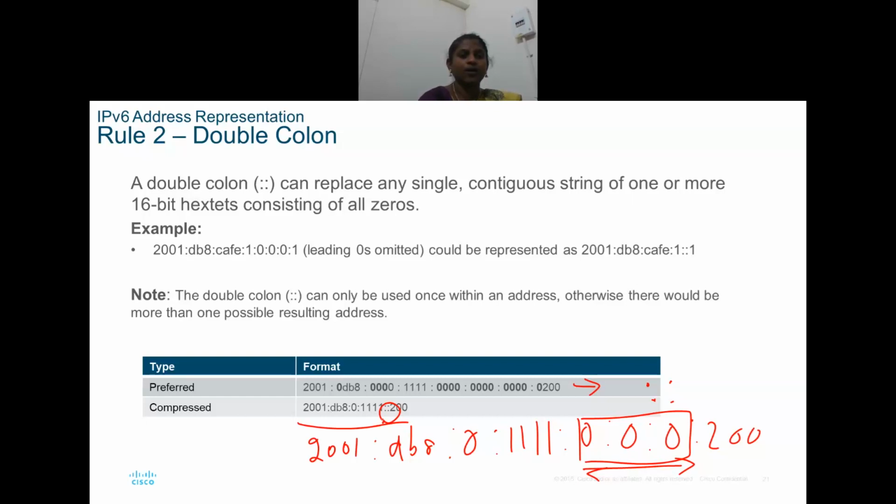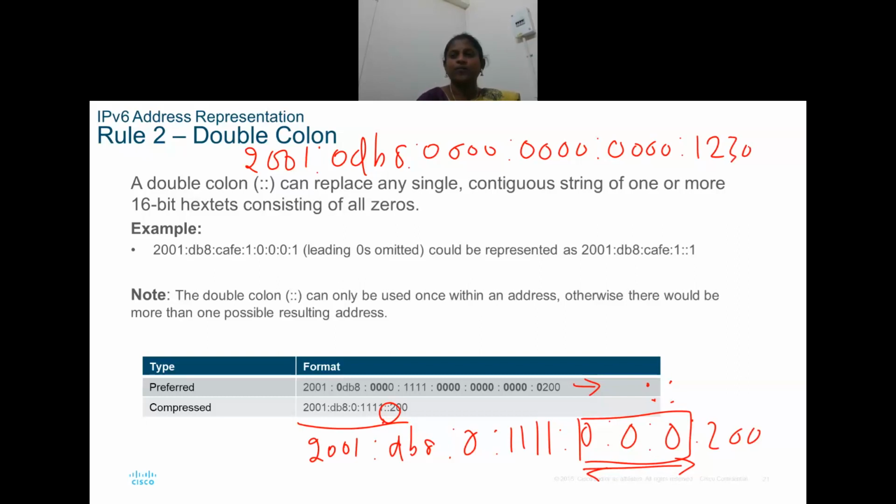The examples are 2001:: 0db8, then 1234, 1234, 1234, then 1230, 6 colon 0000 colon 0000. Can you give the answers in the chat box? Apply rule number 1 and rule number 2 and give me the final answer.